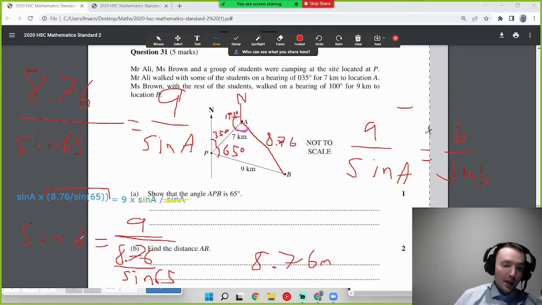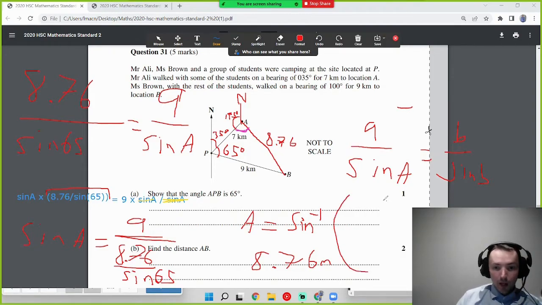And then the last thing you need to do is, when you have a sine, you have to get rid of it, you have to do an inverse sine to each side. So the final result will be A equals inverse sine, big bracket, 9 divided by 8.76 divided by sine 65, close bracket.